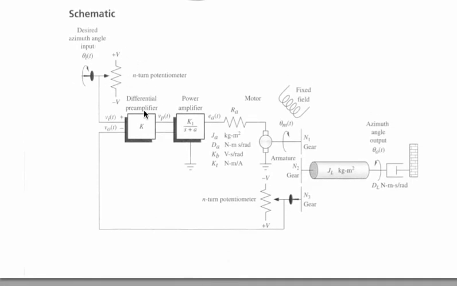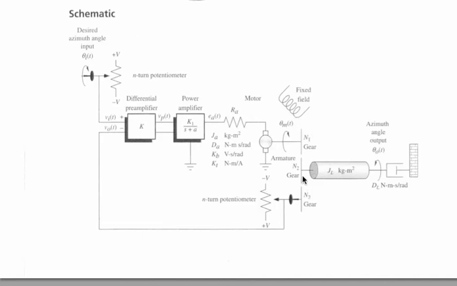There's a potentiometer, there's the amplifier, there's a power amplifier, and there's the motor, with a model of the motor here including an armature resistance. These are the parameters on the motor: the torque, the damping, the various gains. Here's a fixed field for the motor.